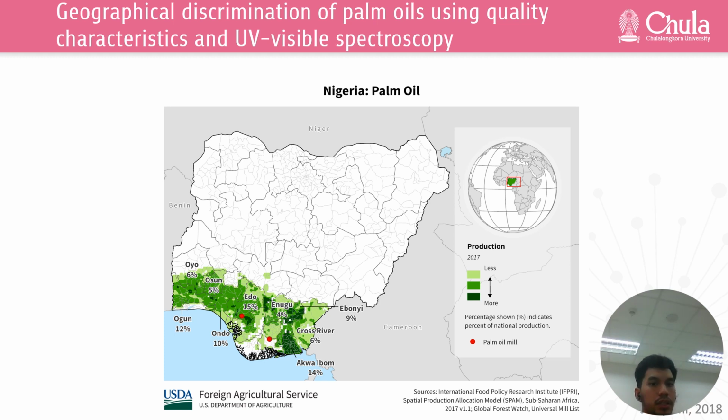They are using 60 samples from there, and they are using two methods here. One is quality characteristics, and the other method is using UV. The UV one, they are going to test the UV spectra.